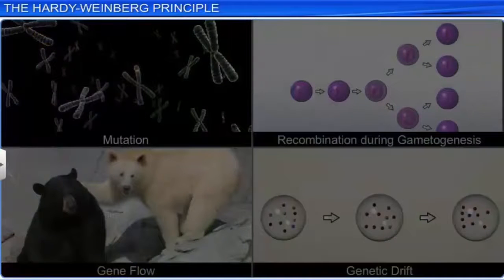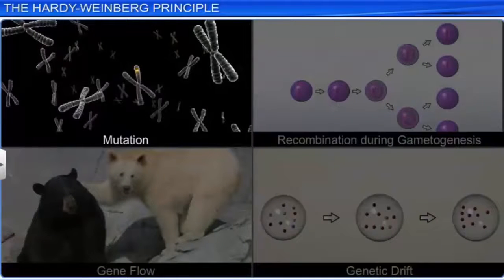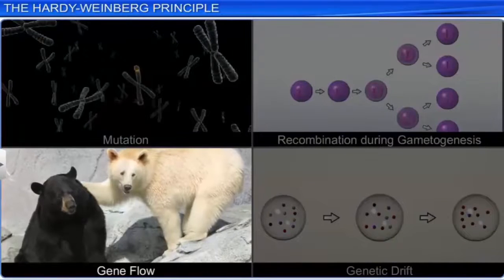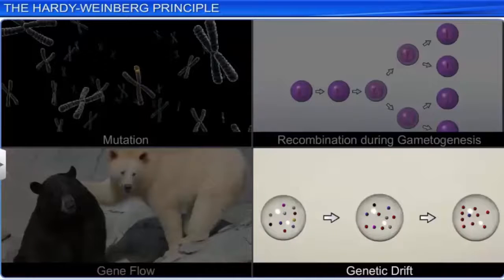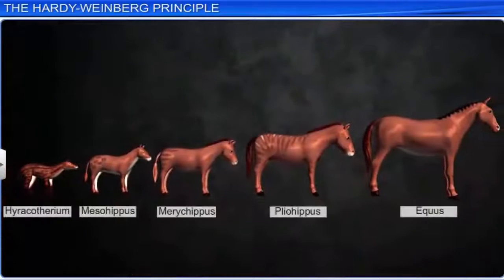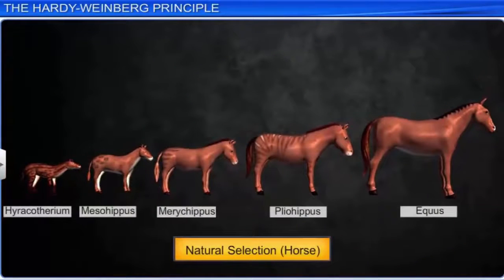Critical analysis shows that variation due to mutation or recombination during gametogenesis, or variation due to gene flow or genetic drift, results in changed frequency of genes and alleles in future generations. In fact, natural selection makes the existing population look like a different population.